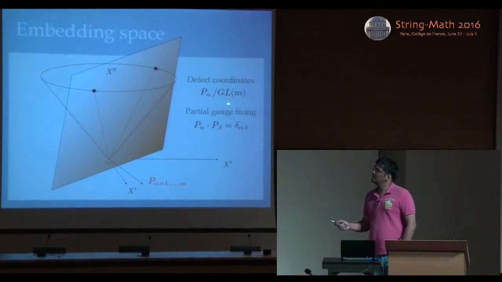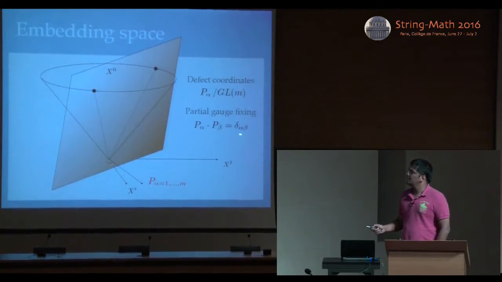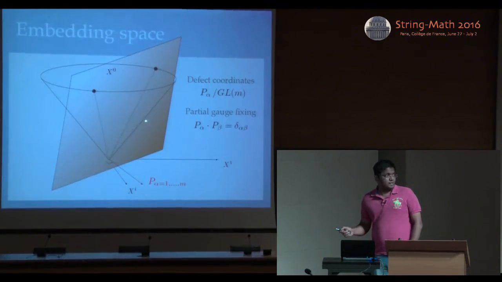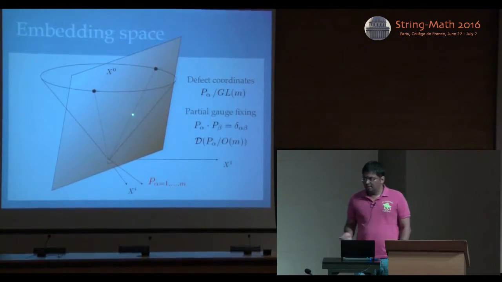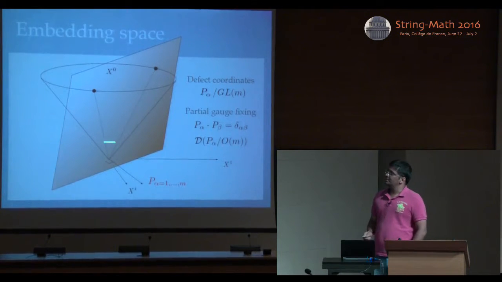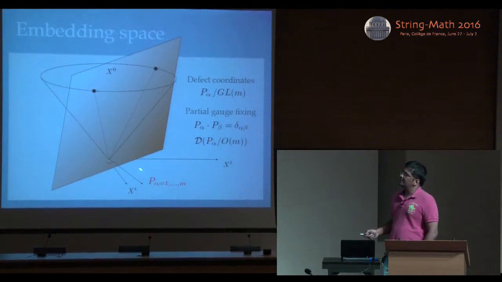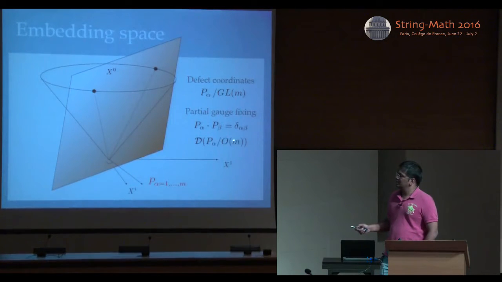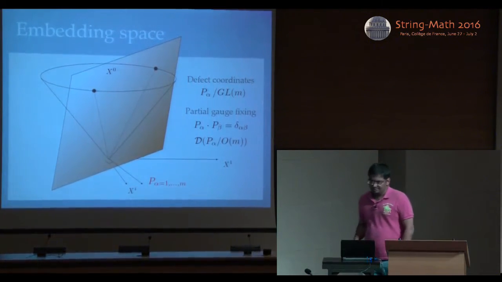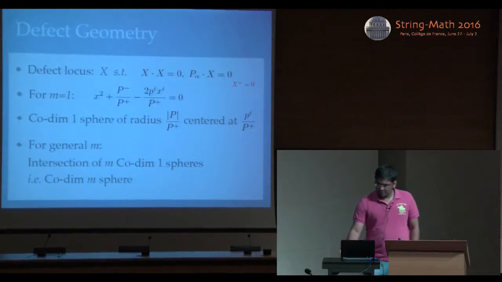Now, this gauge redundancy can be partially gotten rid of by choosing P alpha to be an orthonormal frame, but that still has an O(M) worth of gauge redundancy. So all in all, I would be coordinatizing the defect by specifying an orthonormal frame with an O(M) redundancy. And this would be the notation of the defect. I'll be dropping this O(M) often, the position of the defect.